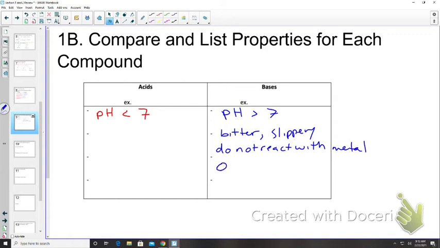Bases, we have a hydroxide present. Awesome. Turn litmus blue. Okay, I think that's good there. And an example of a base?